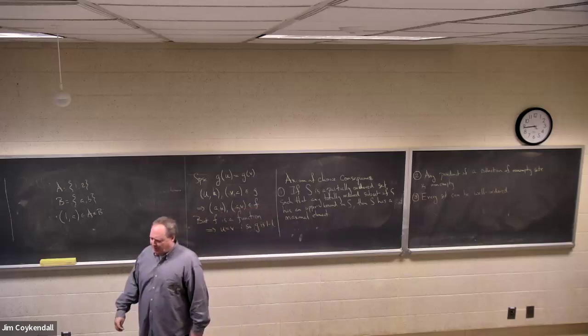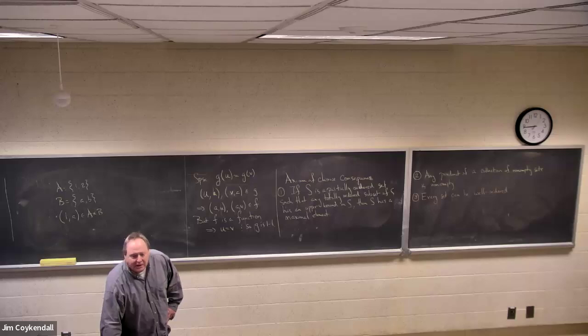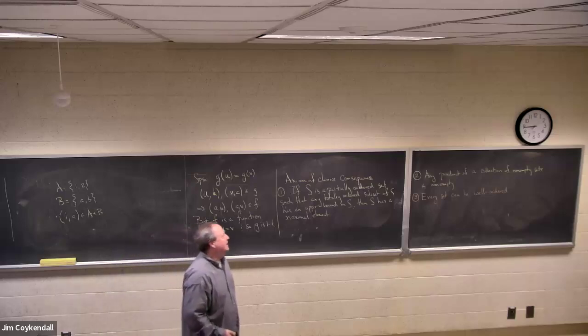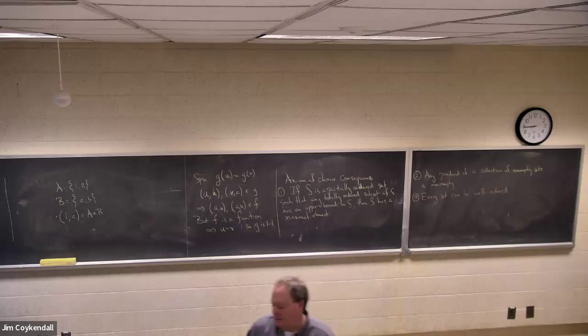I probably shouldn't tell you this one, but anybody ever heard of the Banach-Tarski paradox? You've probably looked that up, but you can use the axiom of choice in it.